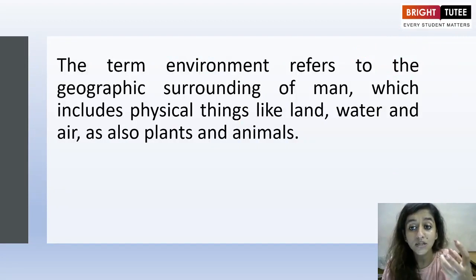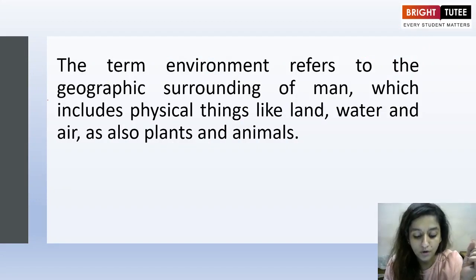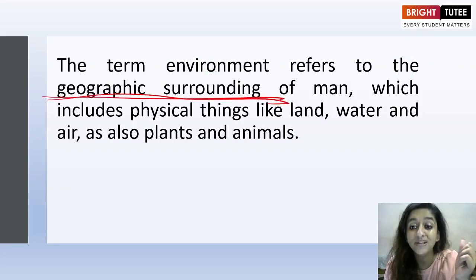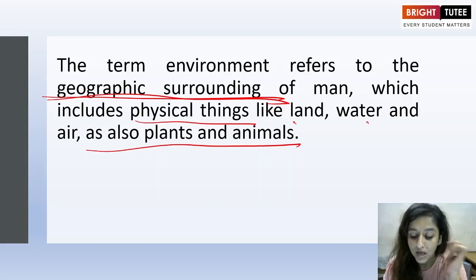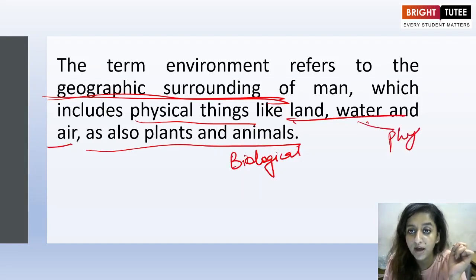In one definition that would summarize an environment, it refers to the geographic surrounding of man, which includes physical things like water, land, and air, and also plants and animals. So, like I said, the biological environment, and with all of this, the physical environment.